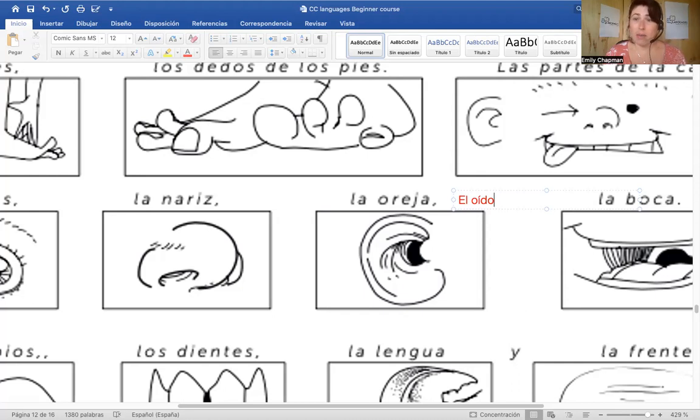You would say, me duele el oído. If you've got an earache, me duele el oído. And we'll get back to me duele in a minute on our vocabulary list. So external part of the ear, la oreja, and the inner ear, el oído.